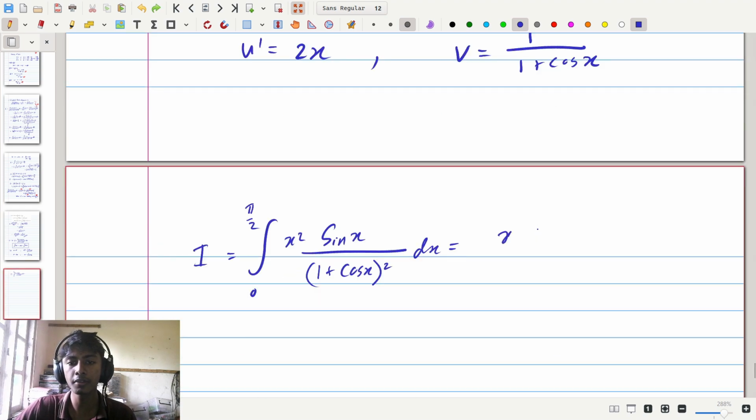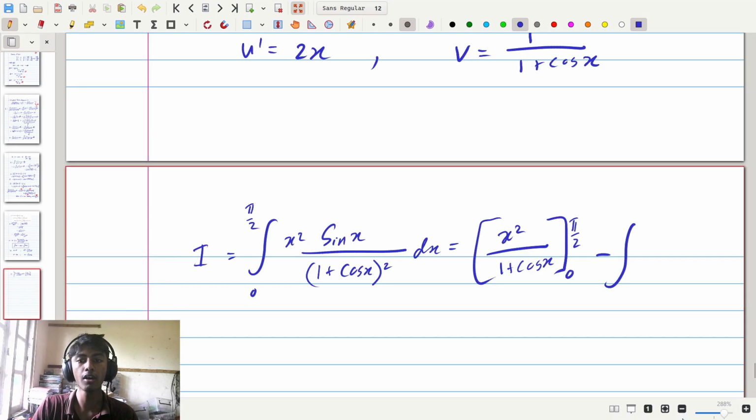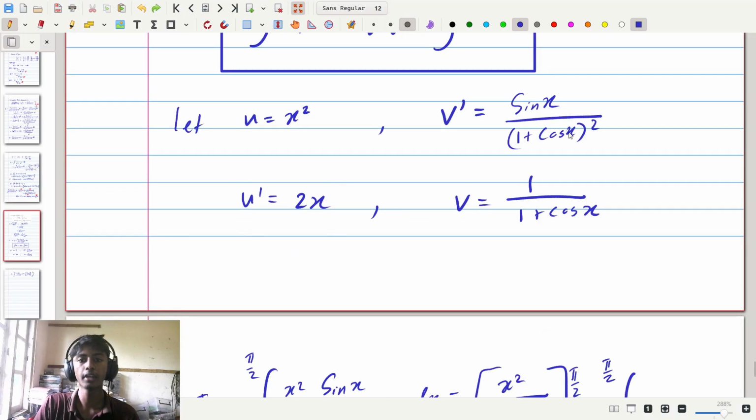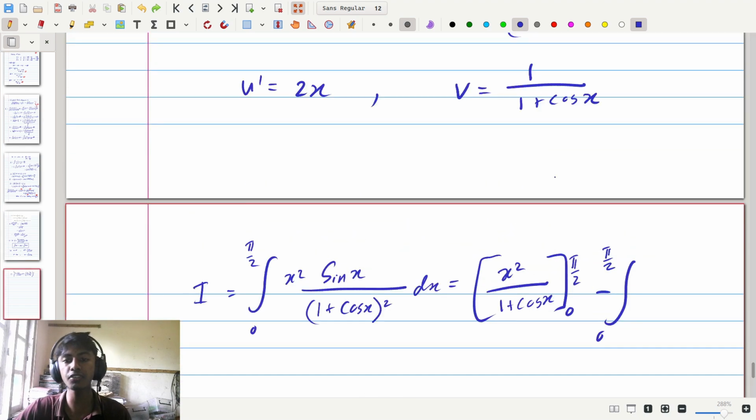So x squared divided by 1 plus cosine of x, evaluated with the limits of 0 and pi by 2, minus the integral from 0 to pi by 2 of u prime times v, which is 2x times 1 divided by 1 plus cosine of x. So therefore we have minus the integral of 2x divided by 1 plus cosine of x, which I'm going to factorize as 2 times the integral of x divided by 1 plus cos x with respect to x.